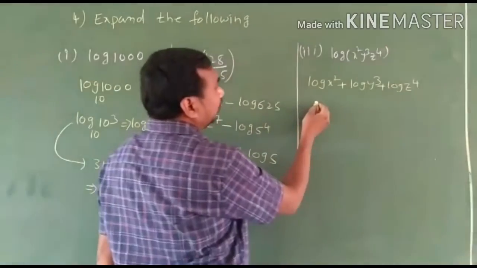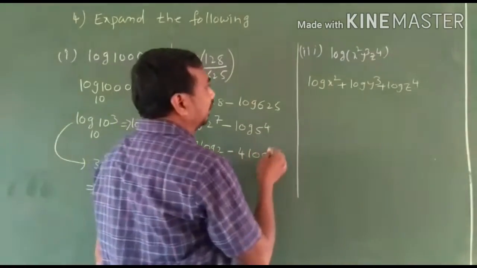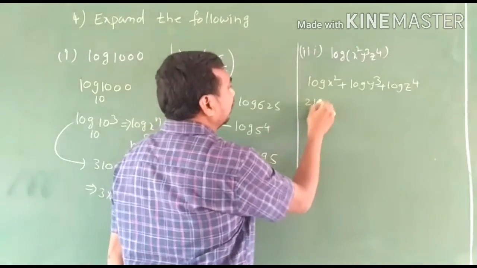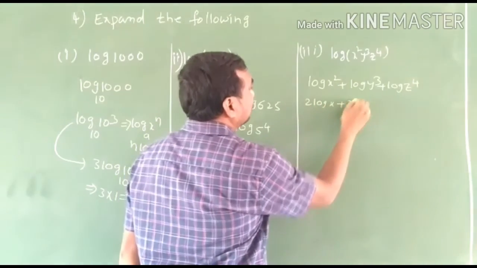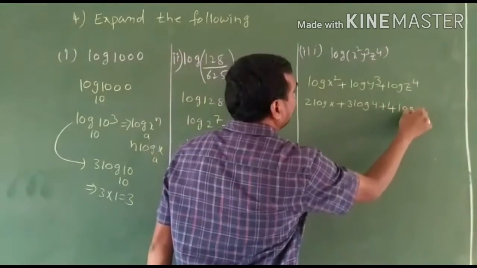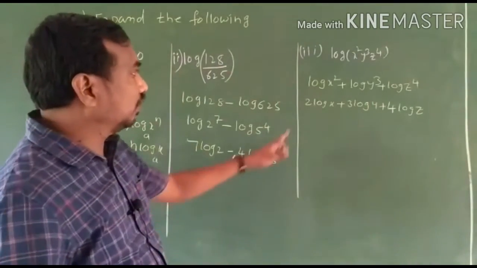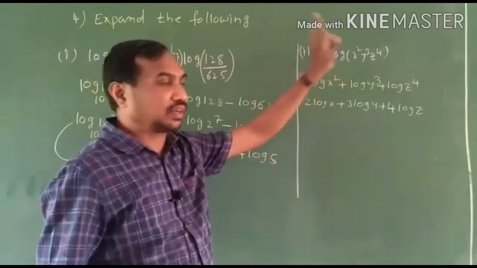Again each of the terms is in the form of log x power n to the base. That is 2 log x plus 3 log y plus 4 log z. So this is the expansion of this term.